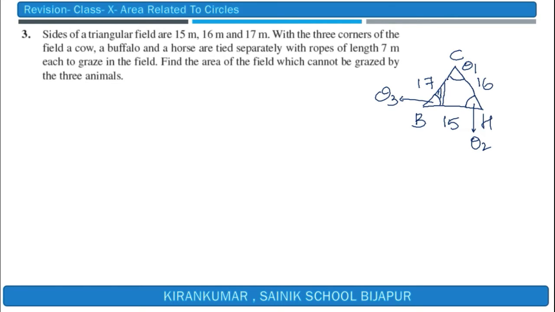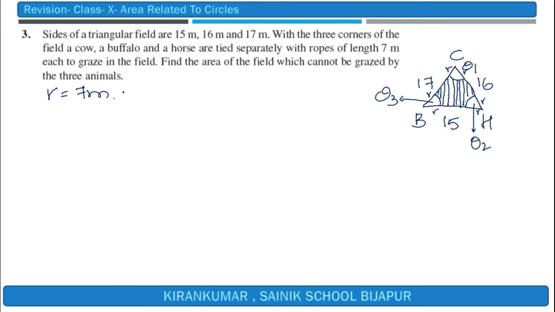This portion is the field which cannot be grazed by these three animals. Here let me mention the radius as r. Radius is the length of the rope, so r is equal to 7 meter.